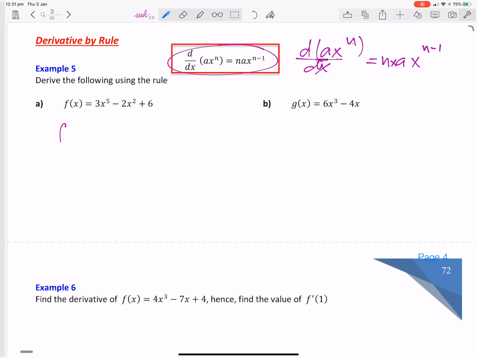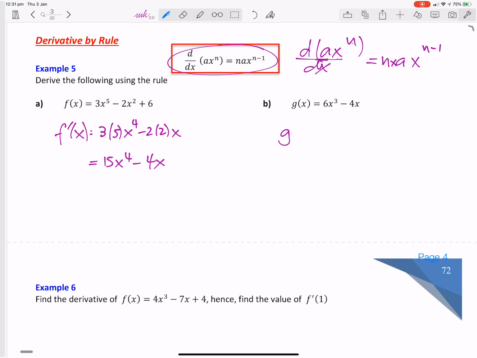So here, f dash of x, bring your 5 down to the front and multiply it by the 3, and then take 1 away from the power, so to the 4. Bring your 2 down to the front, so 3 times 5, 15x to the 4, minus 2 times 2, 4x.